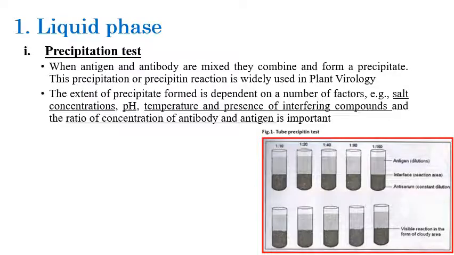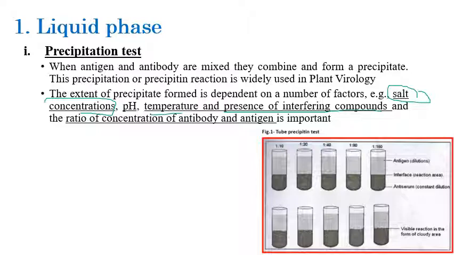When we add the two, that is antigen and antibody, the reaction will happen. Different factors are involved in this reaction. The main factors in this precipitation reaction are the salt concentration, how much salt there will be, the pH, the temperature, the presence of interfering compounds, and the ratio and concentration of antigen and antibody.